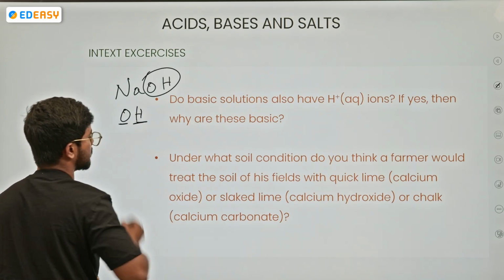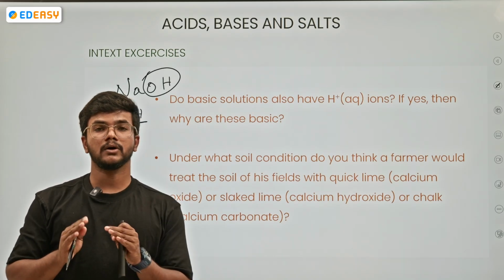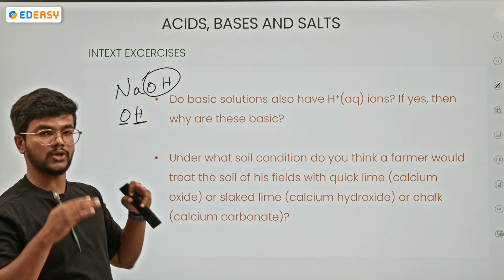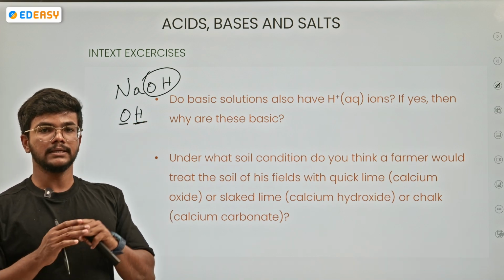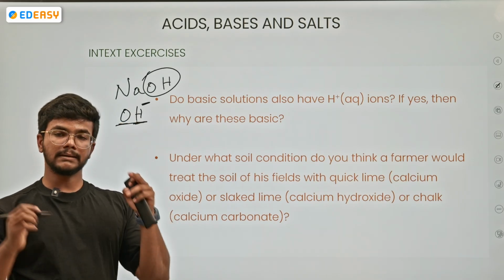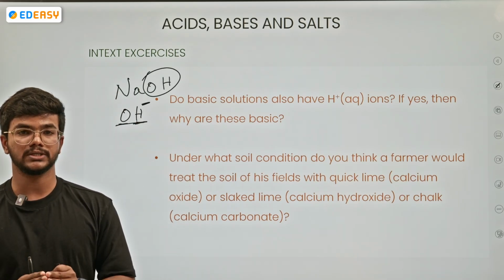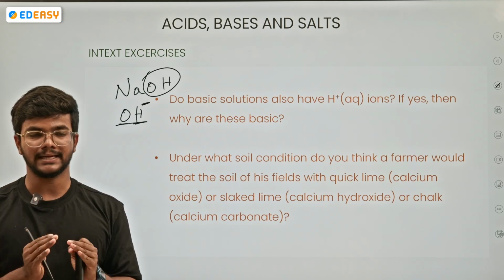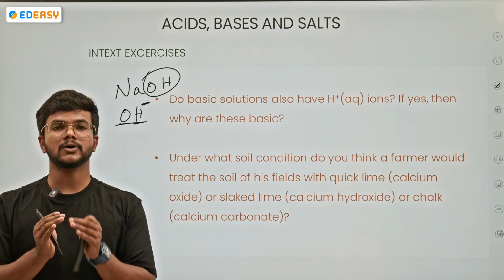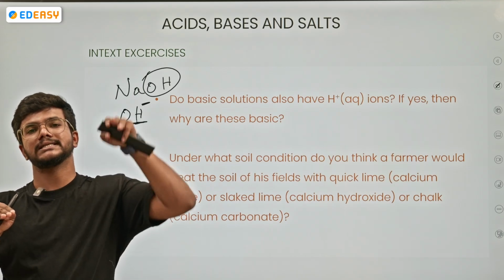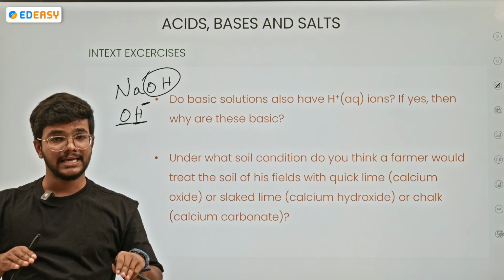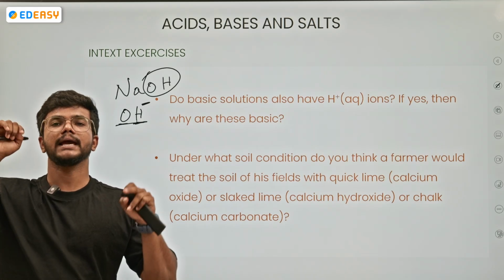Here the H plus concentration is suppressed, dominated by the OH minus. So in bases there is hydrogen, but in the form of OH minus, not in the form of H plus. When the H plus concentration is less and OH minus concentration is more, it is a base. When the OH minus concentration is less and H plus concentration is more, it is an acidic solution.